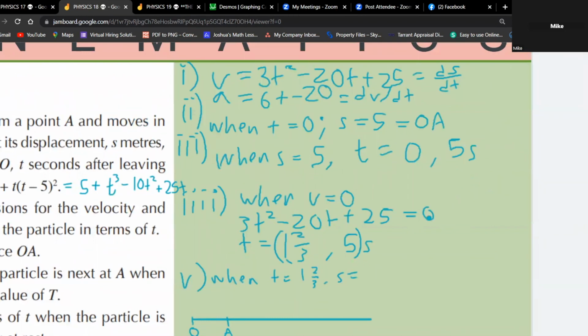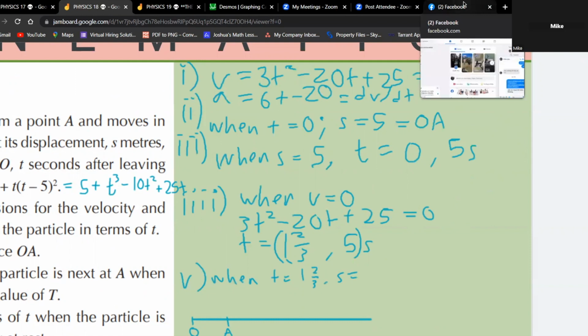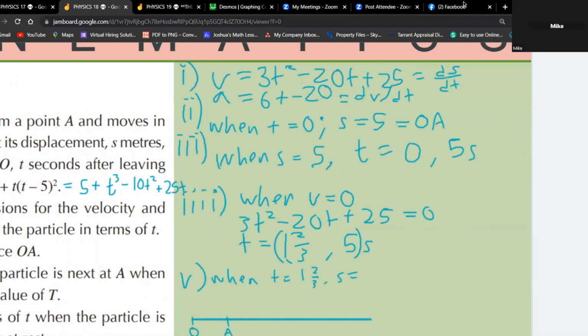Let's see. When t is equal to 5/3, x equals 5 plus 5/3 times 5/3 minus 5 squared.